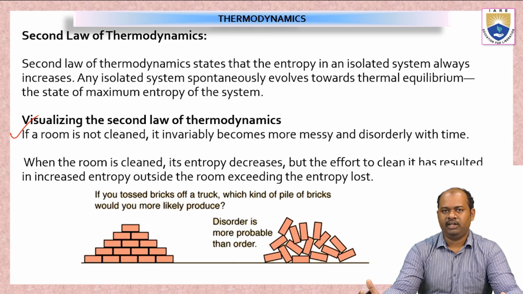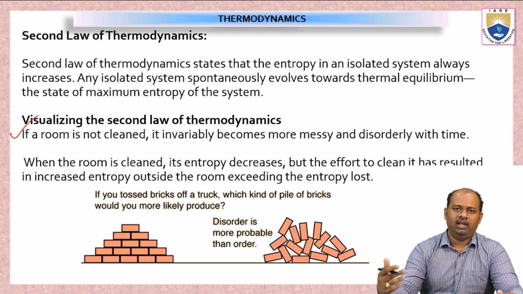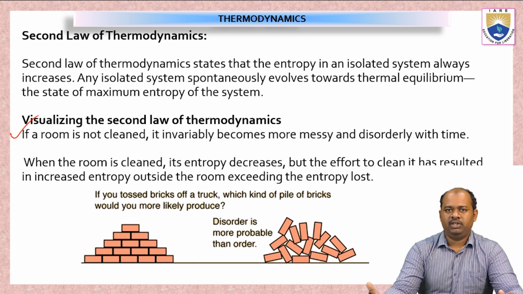When I try to clean, the entropy will decrease because I am trying to rearrange all the molecules. The entropy will automatically decrease because I am uniformly distributing or arranging the molecules or atoms inside the system.